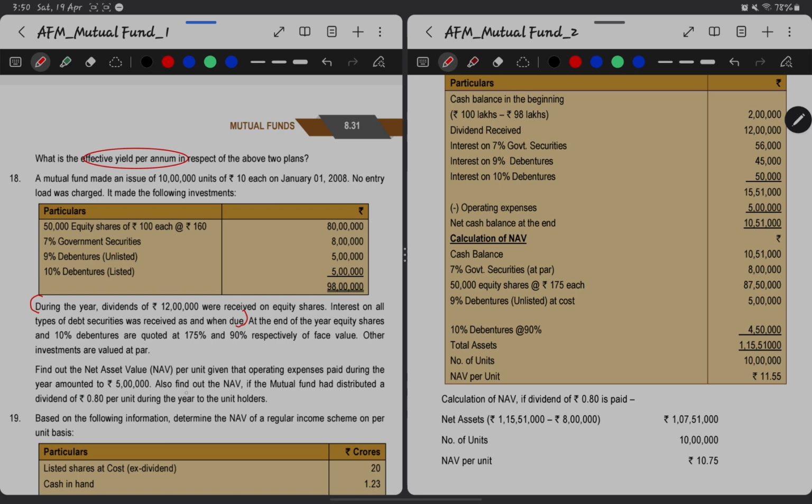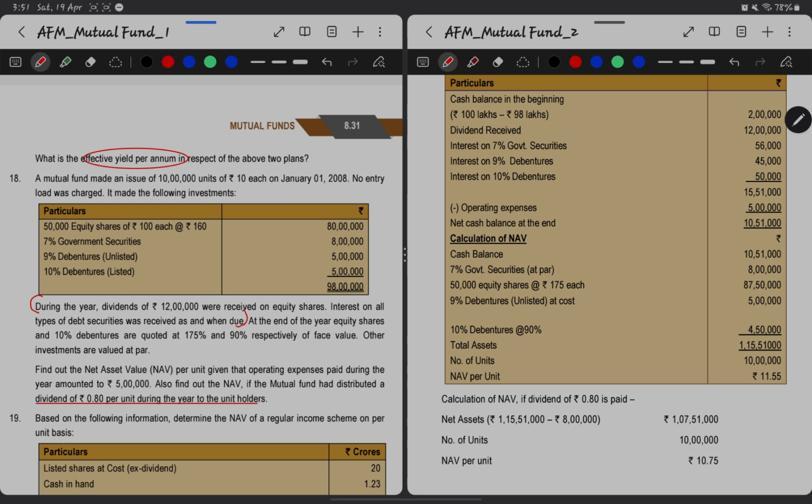Find out the NAV per unit given the operating expenses paid during the year amounted to 5 lakhs. So this will be an operating expense which will reduce our cash balance. Also find out the NAV if the mutual fund has distributed a dividend of 0.8 per unit during the year to the unit holders.